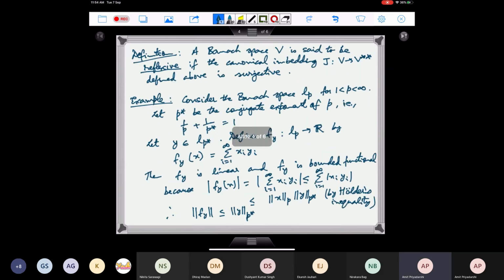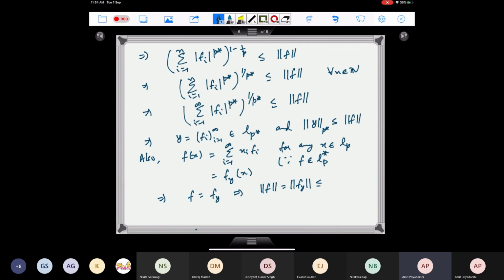We have seen that the norm of f sub y is less than or equal to the norm of y in p star, so therefore the norm of f is less than or equal to the norm of y p star.